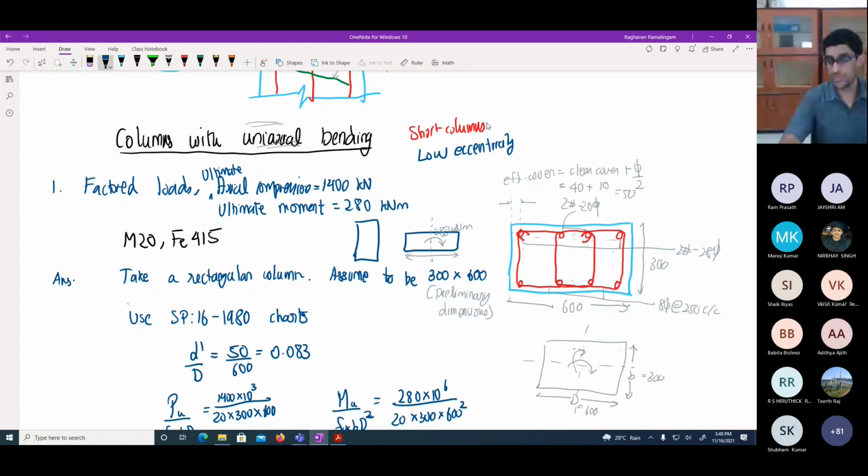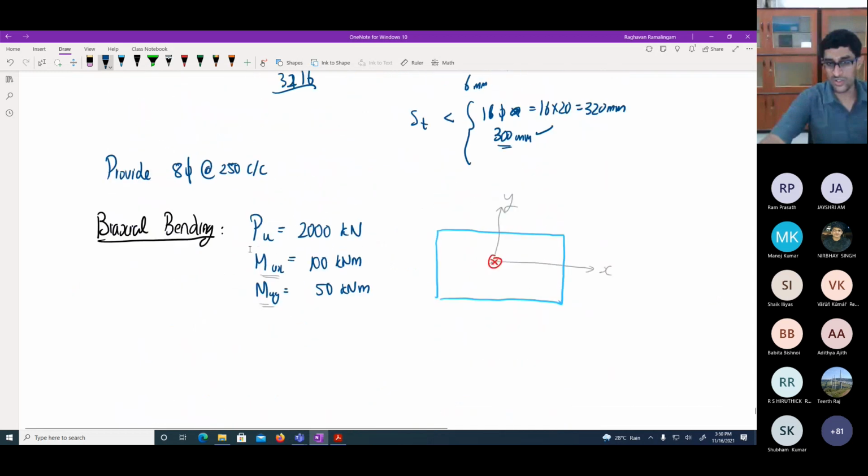That number should be lesser than 0.05 times that dimension. So those checks have to be done before you actually start using these tables also. I forgot to mention it, I'm mentioning it now. So don't forget that these charts are all applicable for short columns of low eccentricity.